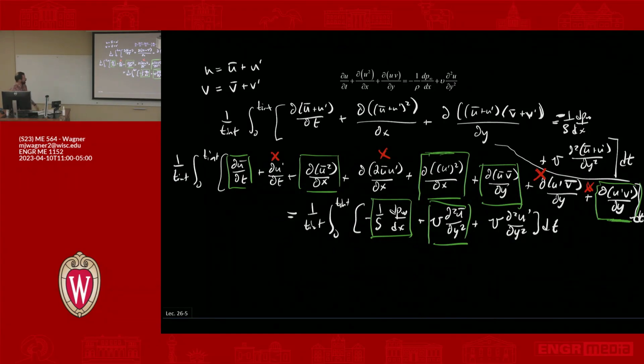And then the uncertainty term, the u prime term, goes away. This one here goes away. So we've gone through this trouble and simplified it down. We now have a subset that represents our Reynolds average expression of the continuity or the x momentum equation.